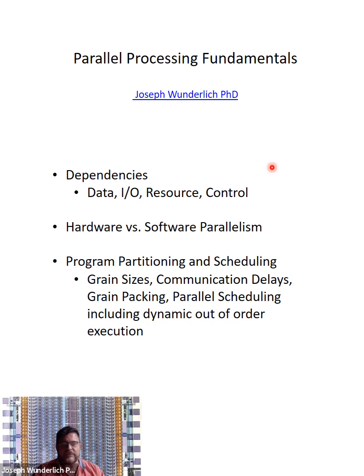You have to account for the communication delays and how that's done, whether it's serial or parallel, packetized or not, optical. And then grain packing and parallel scheduling is ways of optimizing that in the details. Dependencies, hardware versus software parallelism, program partitioning, and scheduling.